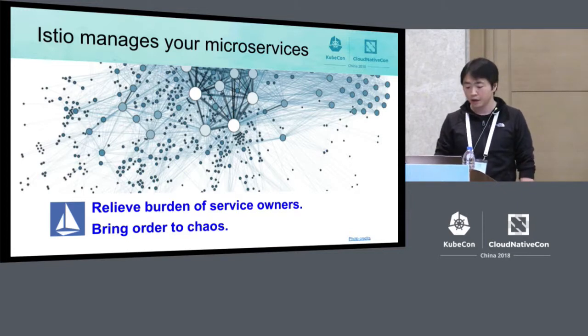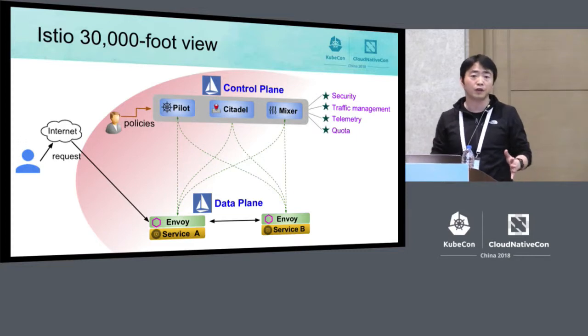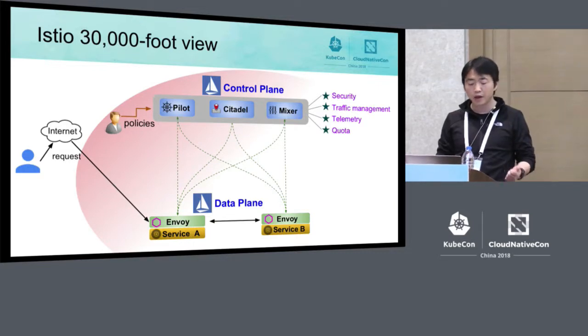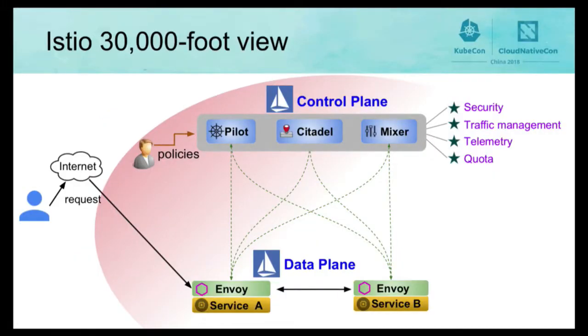Now I will talk about the high-level view of Istio. At a high level, Istio consists of a control plane and a data plane. The control plane manages the policies, and the data plane actually enforces them. There are three components in the control plane.